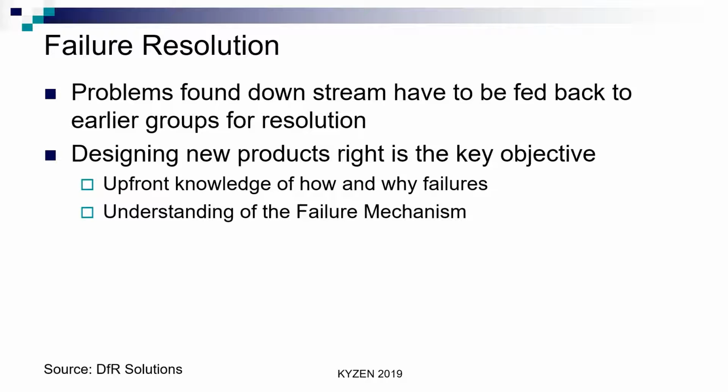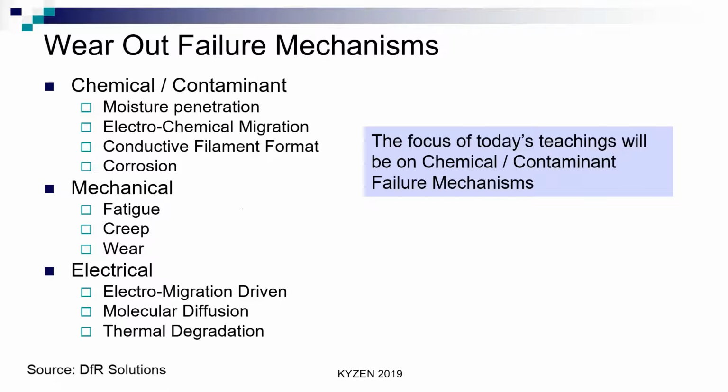Each of you who are process engineers knows that when a problem occurs, it takes a significant amount of time and effort to understand it and resolve it. Tonight we'll try to teach how you can gain some upfront knowledge on how and why failures occur and understand the failure mechanisms.